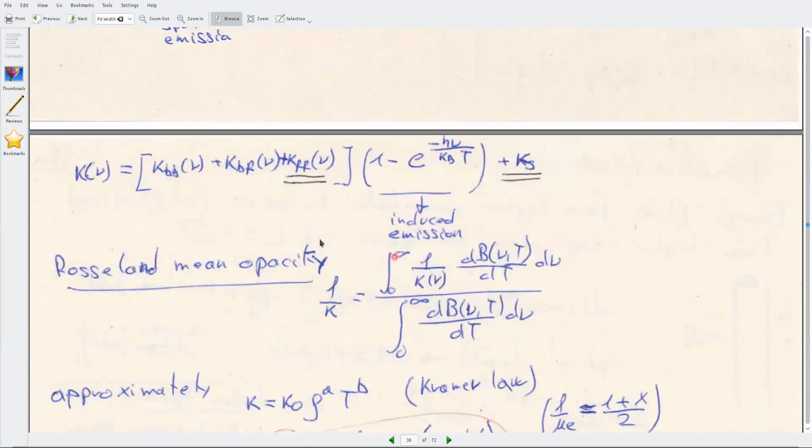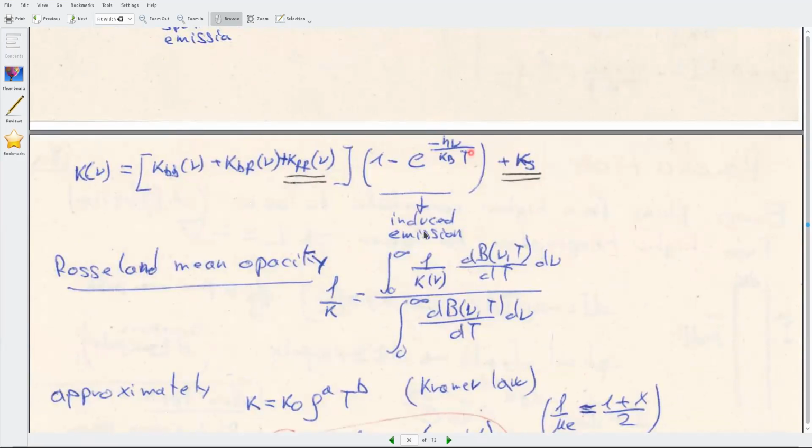Then for the opacity, we have this general formula: opacity for bound-free, free-free, and electron scattering. These two are mainly inside the core, for example. Bound-free more in the envelope.